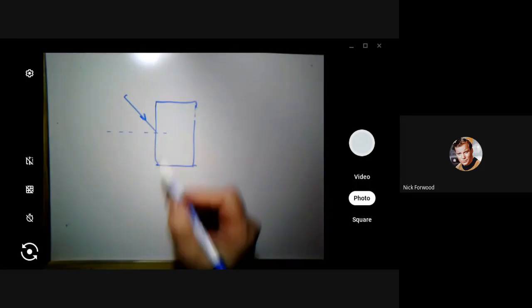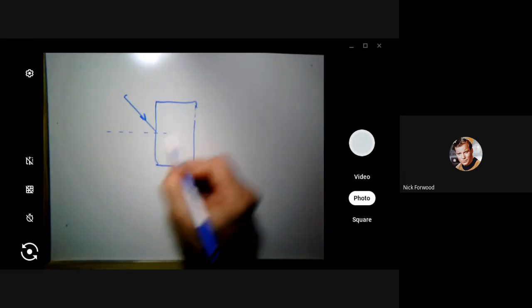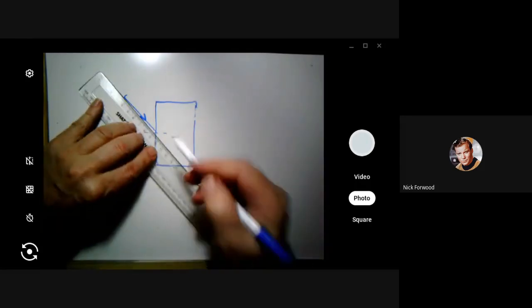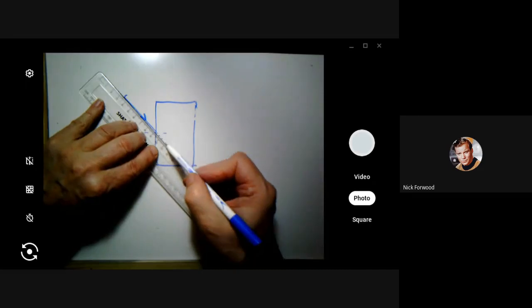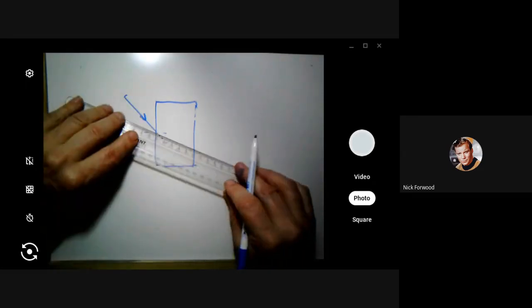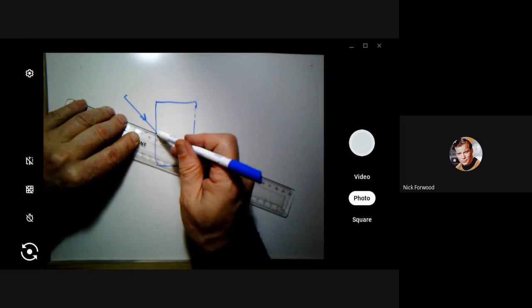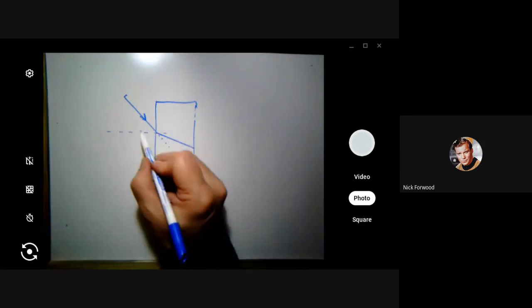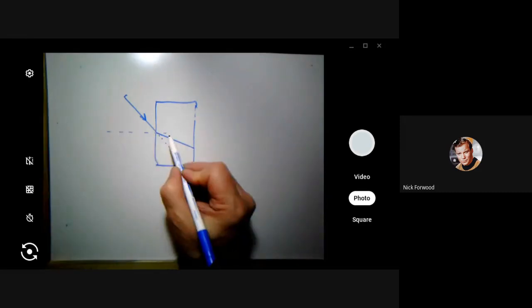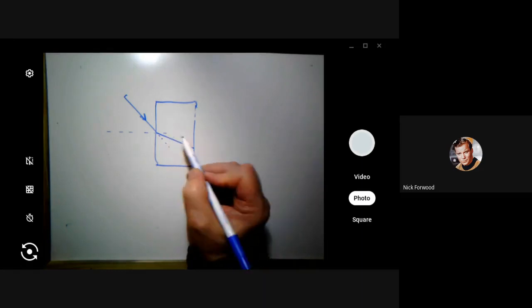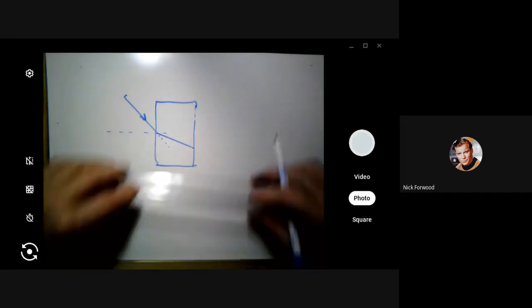And remember, it's going to swing towards the normal. Instead of going straight down, it's going to bend up this way. It's going to get closer to the normal. This angle of incidence here is going to be big. This angle of refraction is going to be smaller. When it gets to the other side, I can put in a normal again.